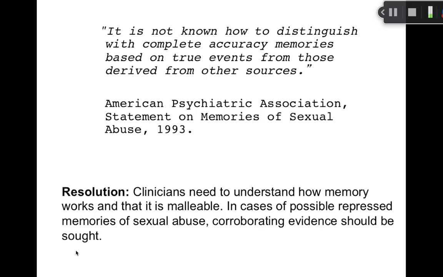So in particular, when we're talking about recall of events that occurred 5, 10, 15 years prior, it's really, really difficult to sort out what's accurate and what's not, when it comes to these events. So really, clinicians need to understand, as they work with individuals, how memory works. This is something that can't be ignored.